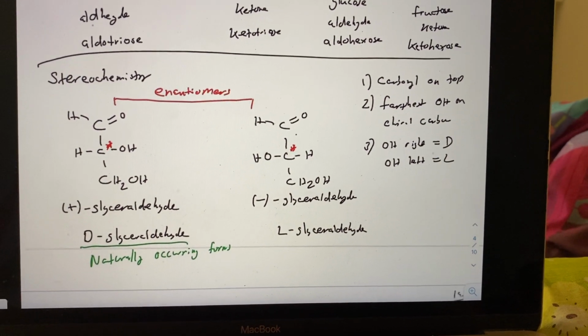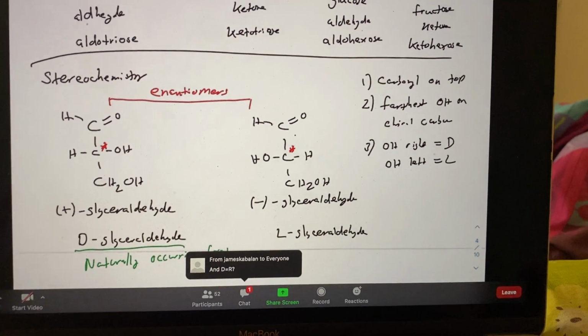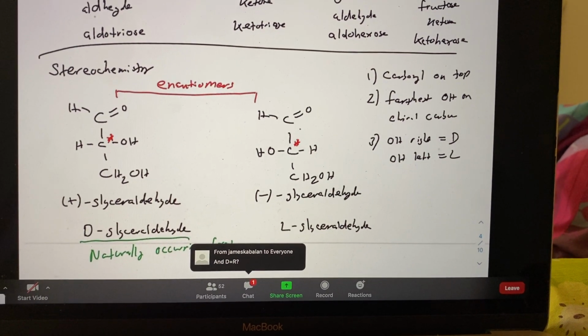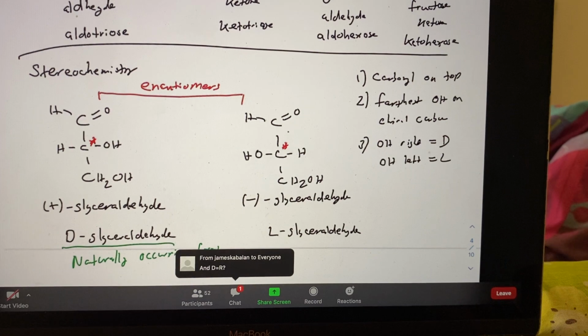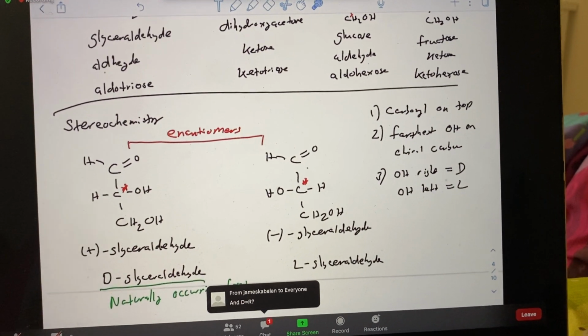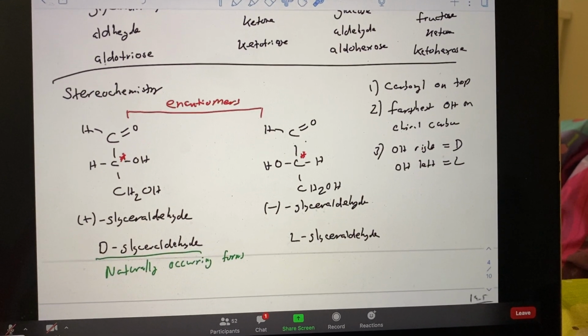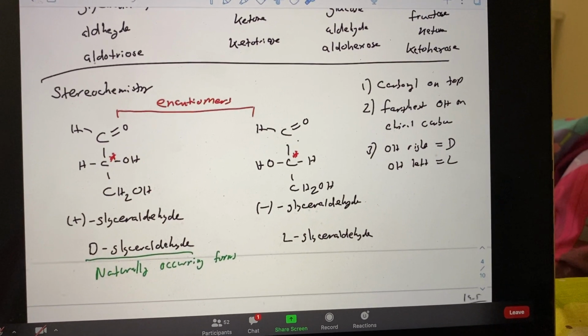However, there are unnatural configurations. Well, really, unnatural is not the word I should use, but L versus D. There are D amino acids that are actually used in biology as well. But for the sugars, the carbohydrates, the naturally occurring forms are the Ds. So we'll define that for one or two other sugars in a minute.